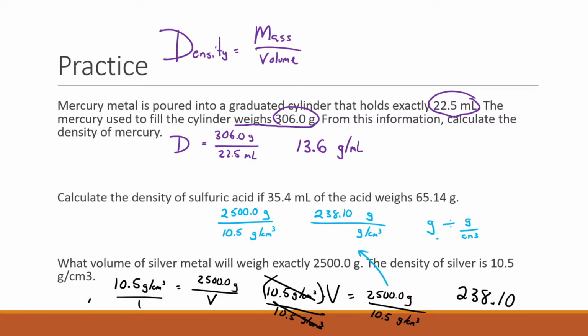You're going to keep, multiply, and flip. And simplify as best as you can to solve this out. Now, grams divided by grams, it cancels out. And you're left with centimeters cubed over 1, which is the same thing as centimeters cubed, to put at the back end of your answer.